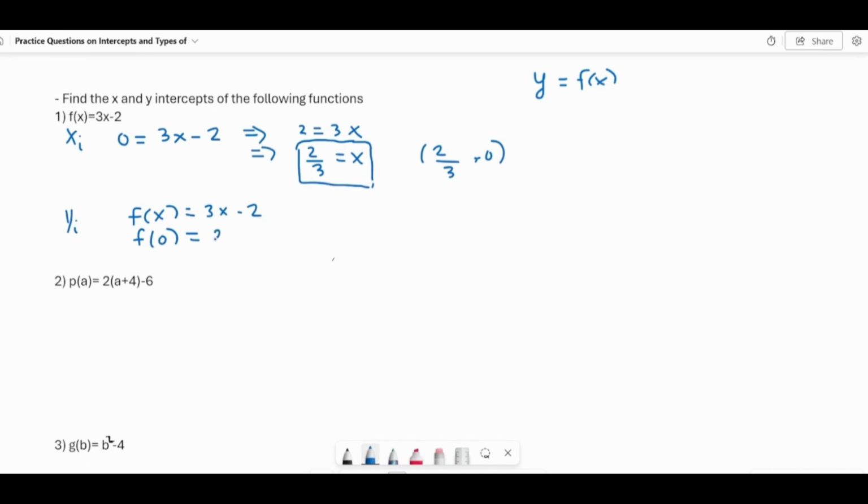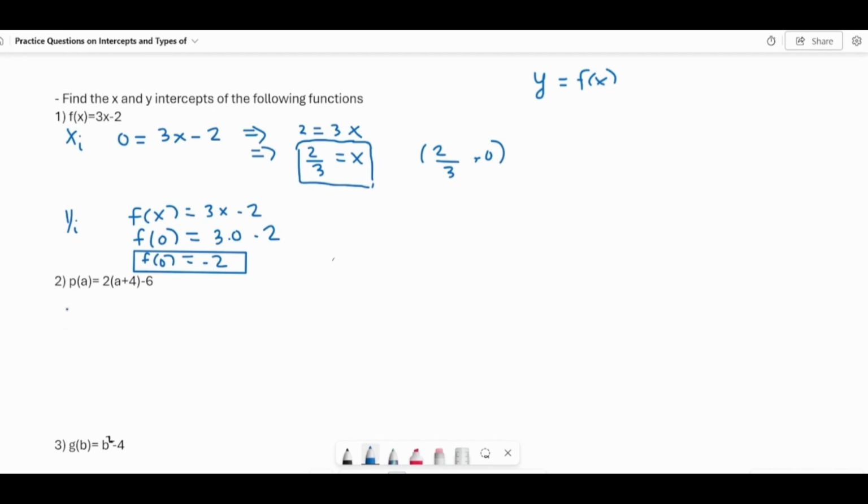So f of 0 is equal to 3 times 0 minus 2. That will give us f of 0 is equal to negative 2. That is your y-intercept here. So we have found the x-intercept and y-intercept. The same process you have to follow for the other questions also.